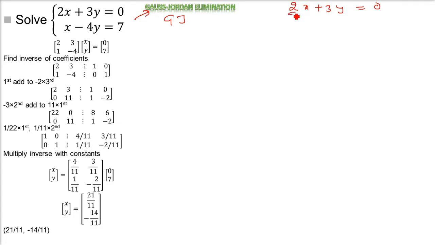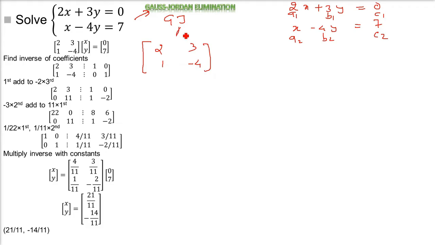Now this is a1, this is b1, and this is c1. The second equation is x minus 4y equals 7. So 1 is a2, minus 4 is b2, and 7 is c2. So let us write it here the way I explained just now. 2 and 1, that is a1, a2. 3 and negative 4, that is b1 and b2.